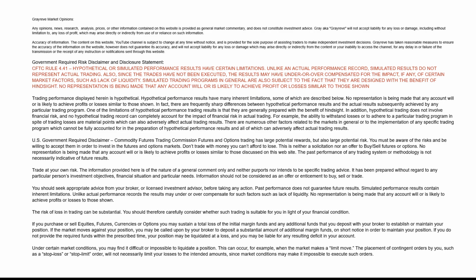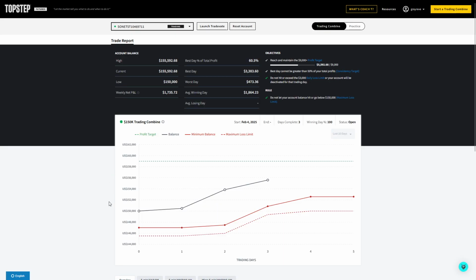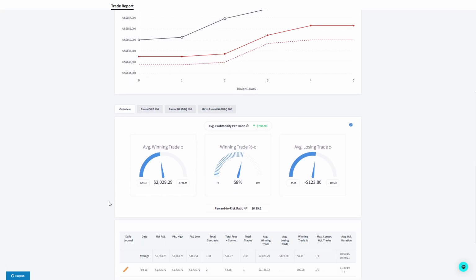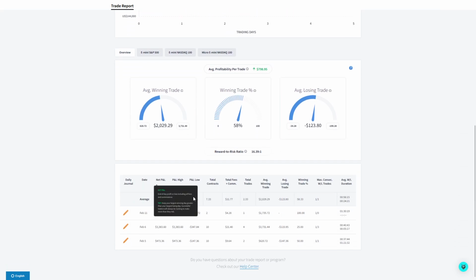But anyways, I'm going to show you the trade on Top Step, and then I'm gonna highlight where I entered and where I exit. Okay, so on 11th of February, this was the P&L. I only took one trade, and it was for 1 hour and 30 minutes, that entire trade duration.